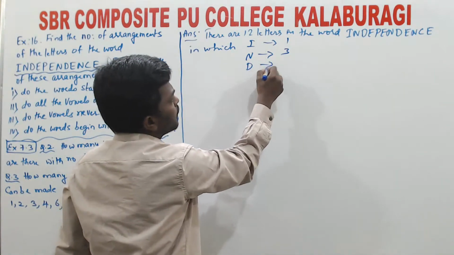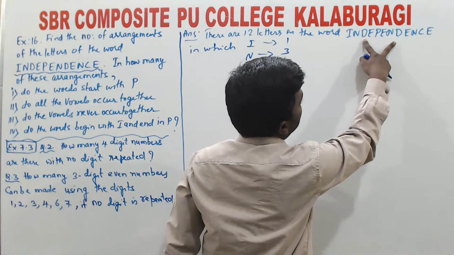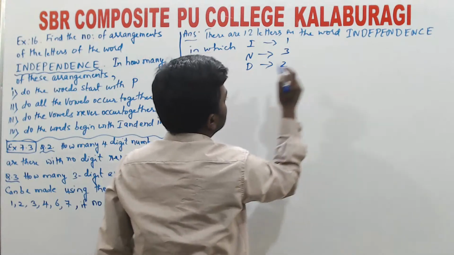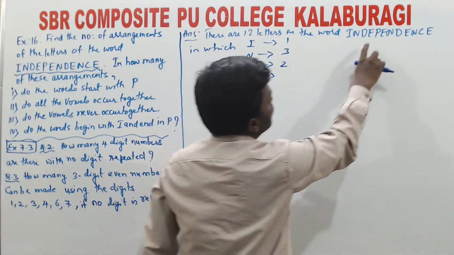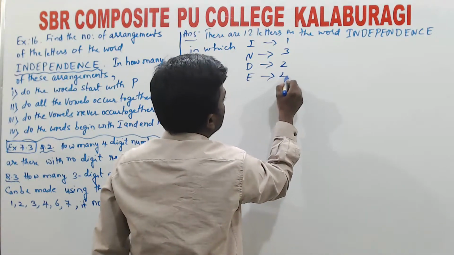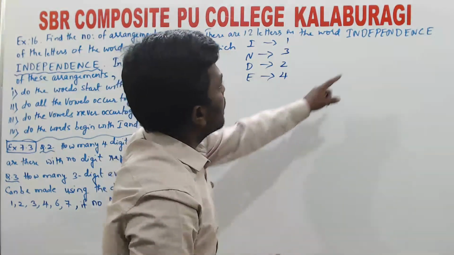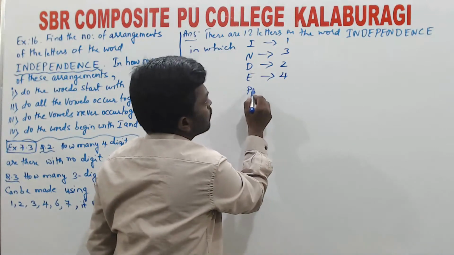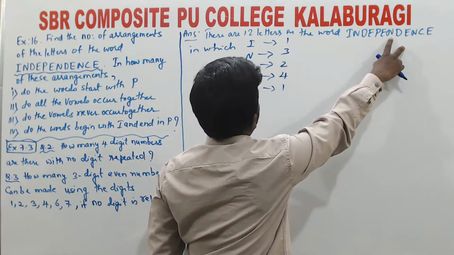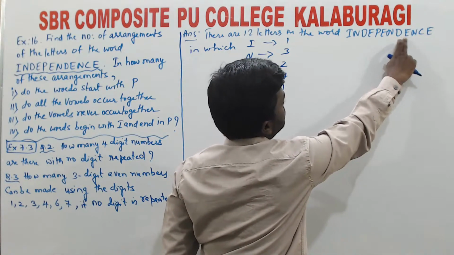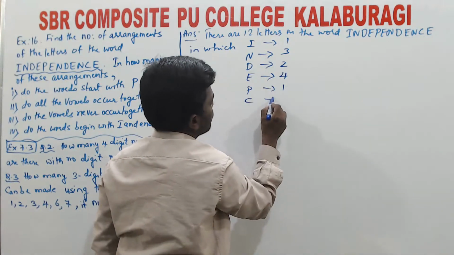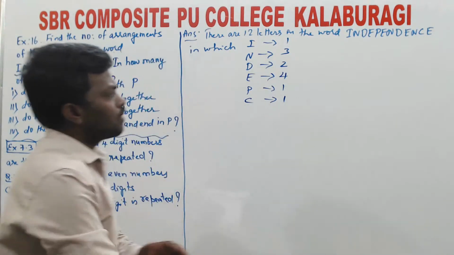D appears more than once, that is 2 times. E appears 4 times. P appears once only. M is already taken, and C appears once.